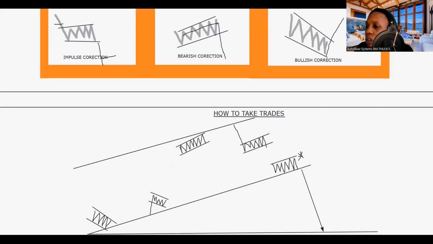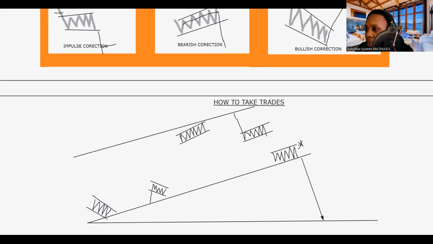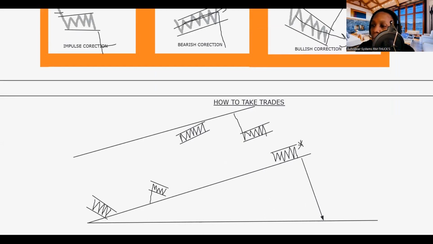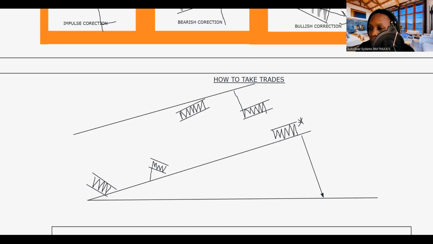So remember I said once the correction is facing down, it's a bullish one. Once the correction is facing up, it's a bearish one. For example, the market came to this zone, and then the market started to correct facing down, meaning that we are waiting for impulse going down.